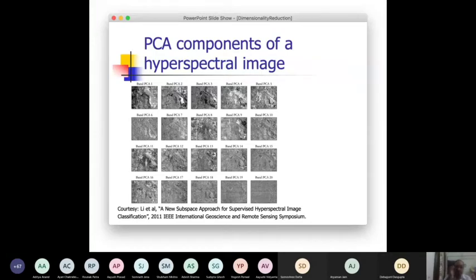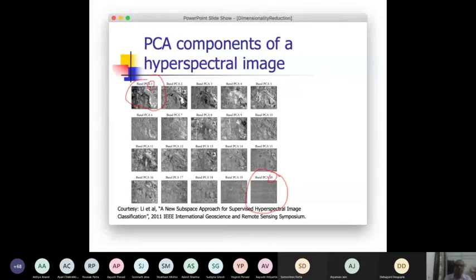They are showing the 20 principal components. As you can see, the topmost and leftmost image is the first principal component. It contains a lot of information. Let me use the pen. I'm referring to this image, the first principal component, and this is the 20th principal component.